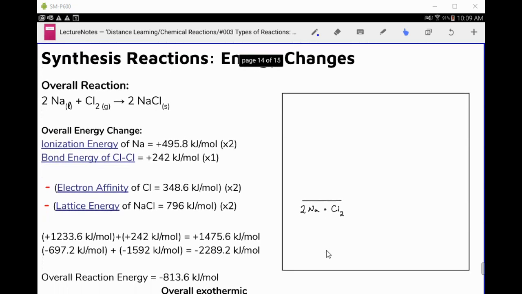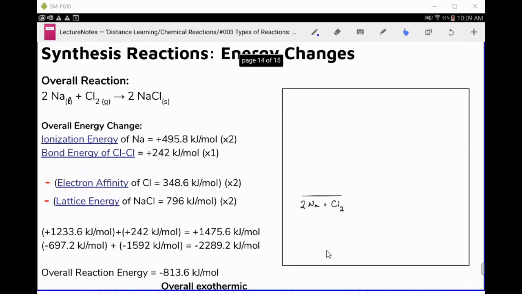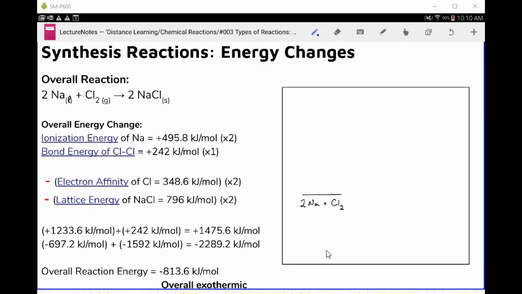And here, using the actual values rather than my rounded methods, we take about all the ionization energies times 2, since we had to ionize 2 different sodium atoms, and the bond energy. And we see that overall, we must have gone up. That's not a pen. We must have gained 1475.6 kilojoules per mole.